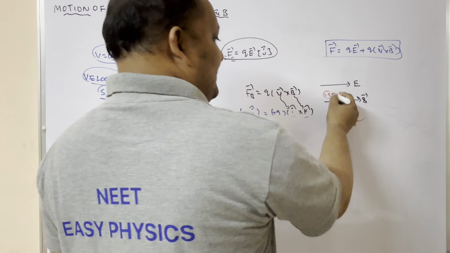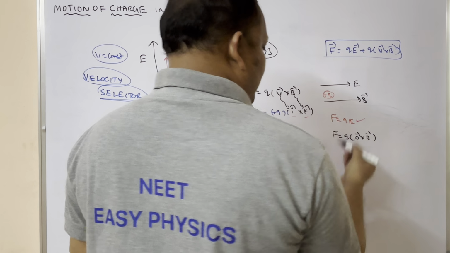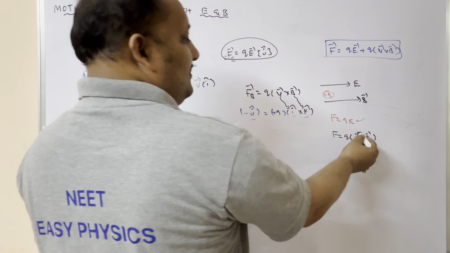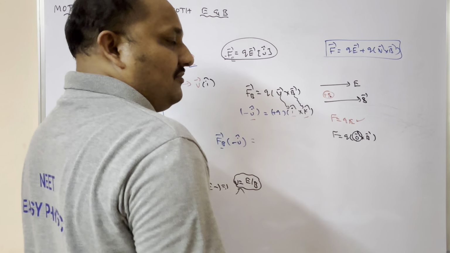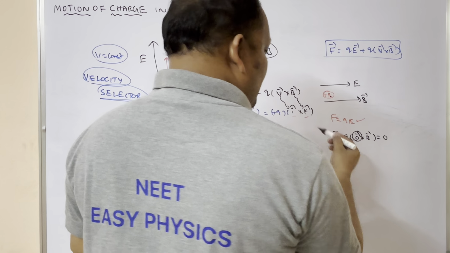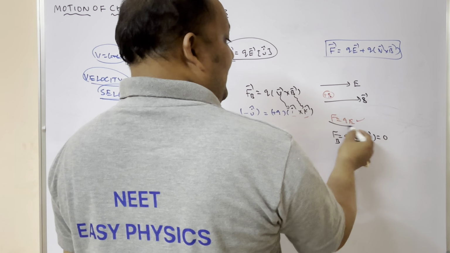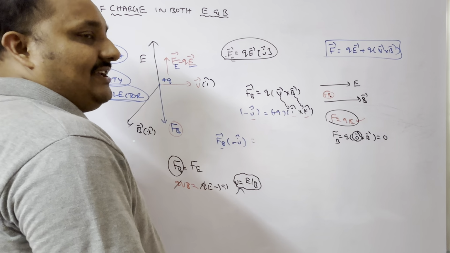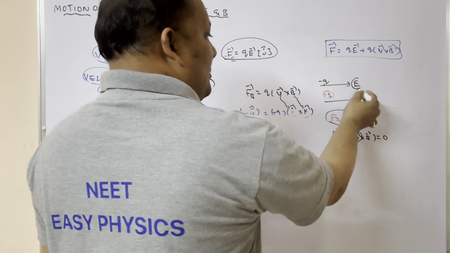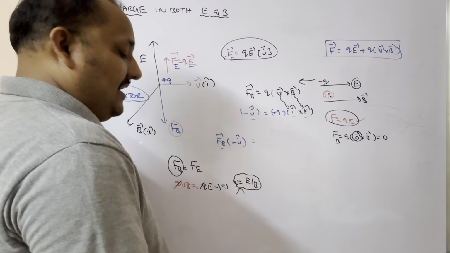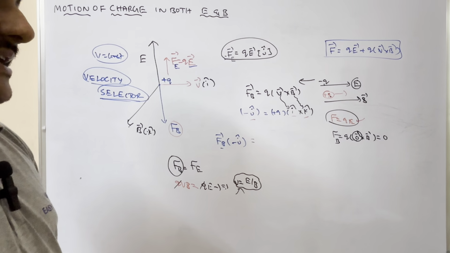But if charge is at rest, force due to magnetic field is 0 because velocity is 0. Whenever velocity is 0, this charge will not move due to the magnetic field, force is going to be 0. Therefore, this charge will be moving because of the electric field. If you leave here negative charge, again this charge will be moving because of electric field in opposite direction. Positive charge will move in the same direction.